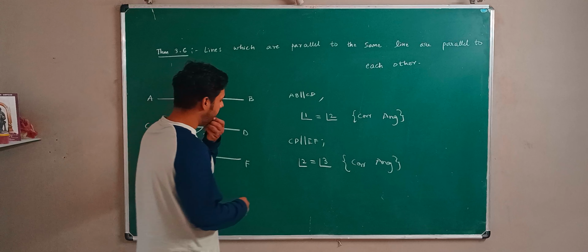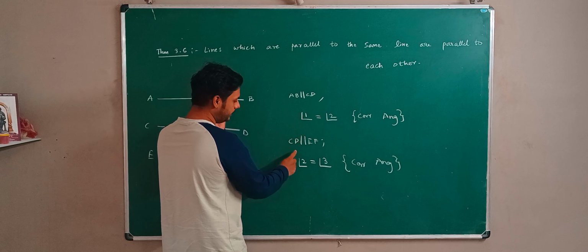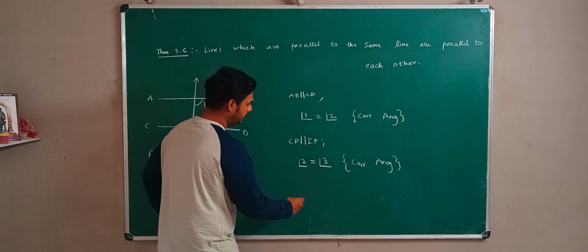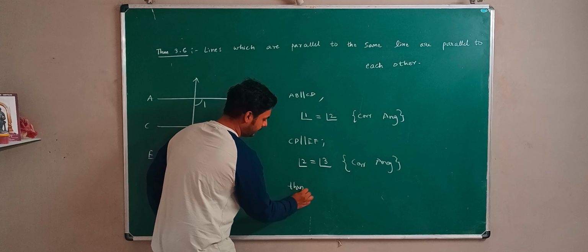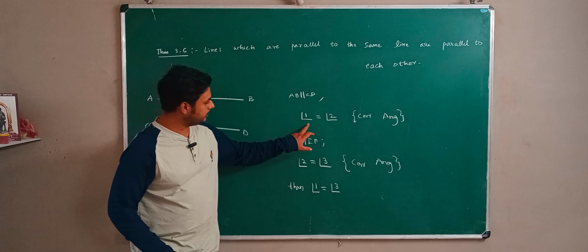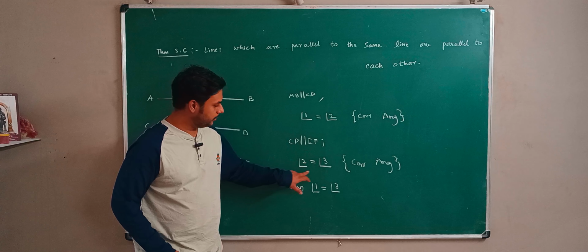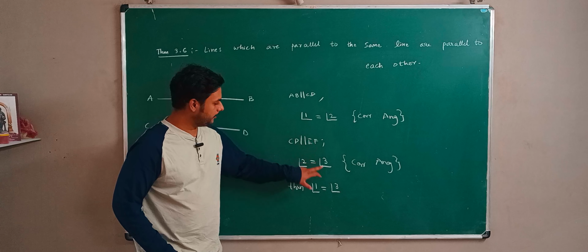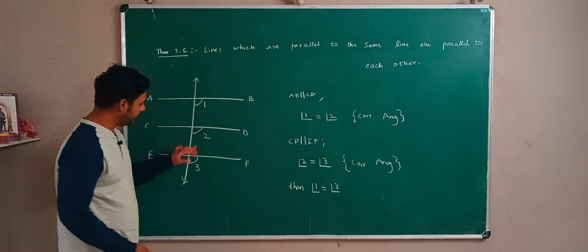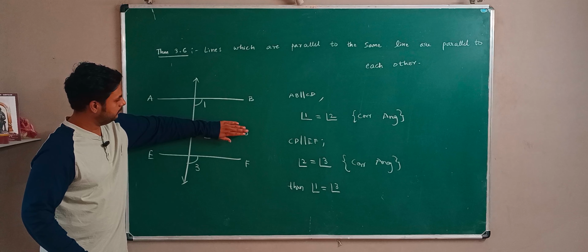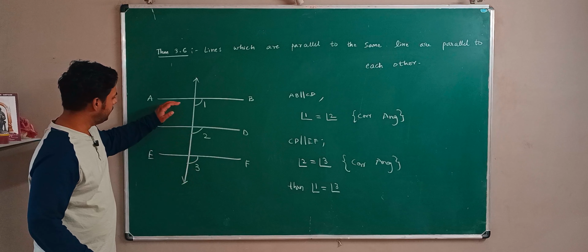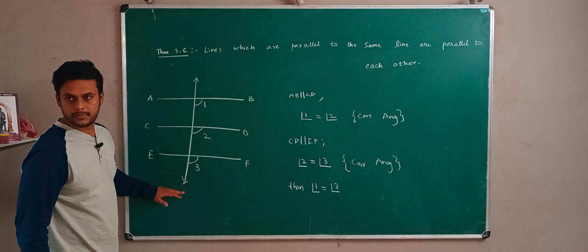Now AB is parallel to CD, CD is parallel to EF, angle 1 is equal to angle 2, angle 2 is equal to angle 3. Then can I write angle 1 is equal to angle 3? See here, angle 1 is equal to angle 2. Angle 2 is equal to what? So angle 1 will become equal to angle 3. If angle 1 is equal to angle 3, AB is parallel to EF.